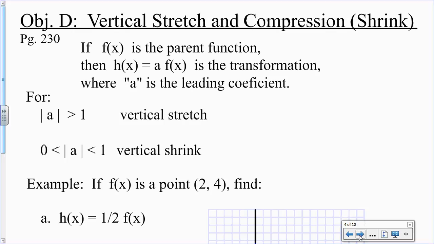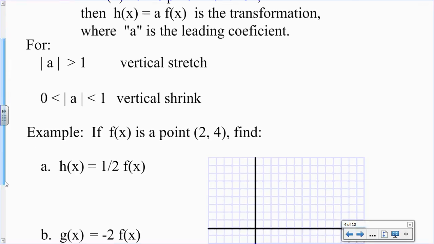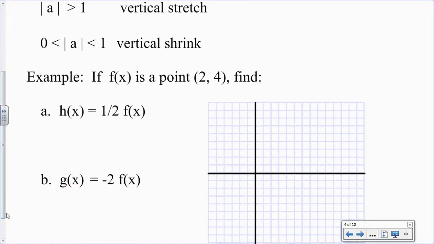Right? So this would be like 1/2, or 2/3, or 0.8. So a number between 0 and 1 for your shrink. So looking at this example, let's just say f of x is this single point here, 2, 4.